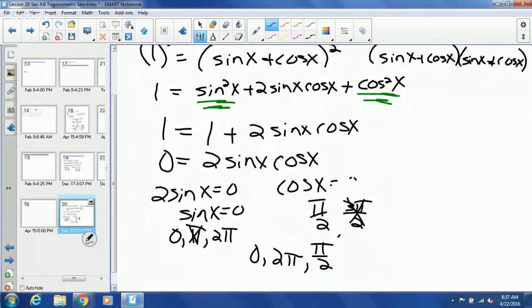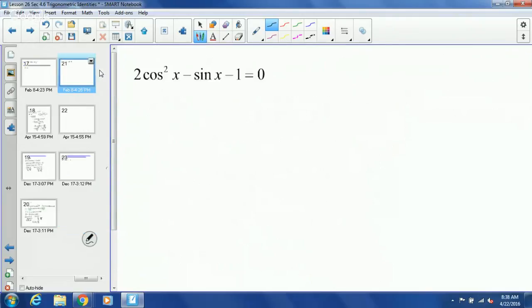0 didn't work, because your cosine is a positive point and your sine. Okay, you try that one on your own. Does that mean that pi doesn't work because your cosine.